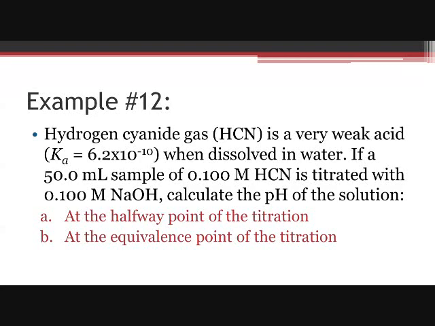Okay, so for the first part, this is where we're going to tie in that the pH is equal to the pKa value. So for A, the pH is equal to the pKa.